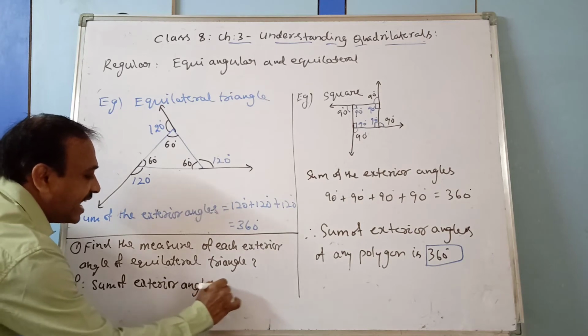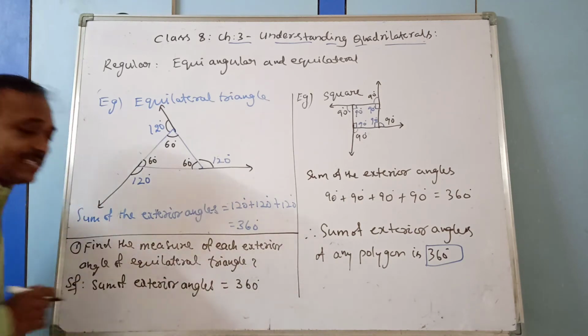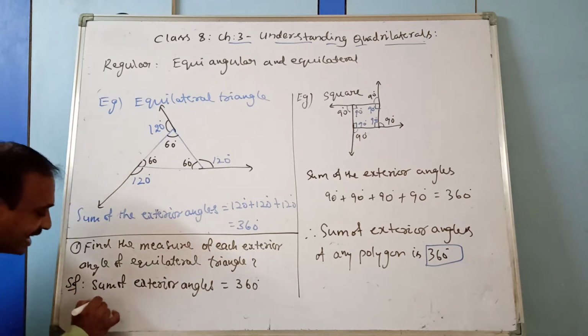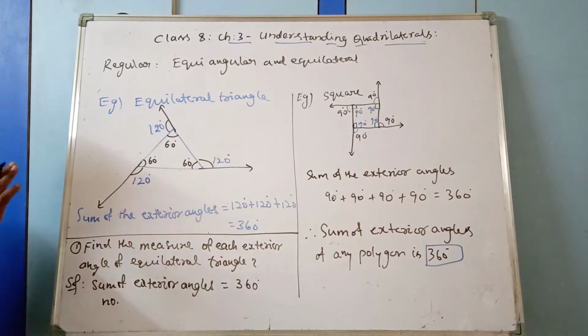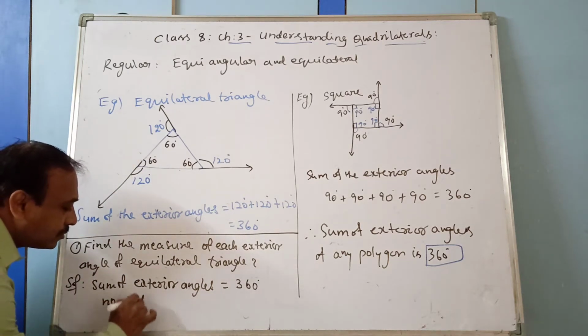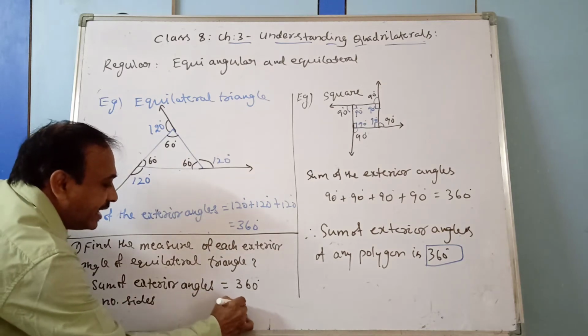Sum of exterior angles is equal to 360 degrees. And number of sides, because in an equilateral triangle each side is equal. I am talking about the regular polygon. Number of sides is equal to 3.